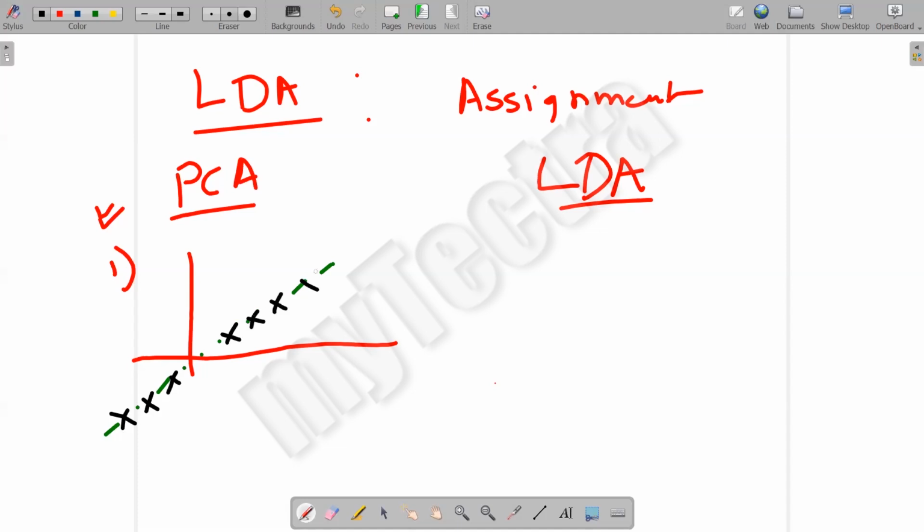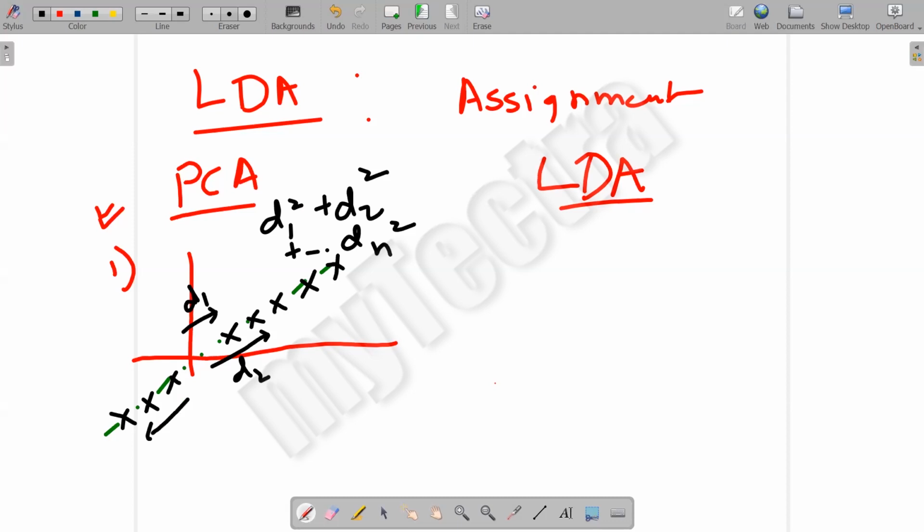If I have to give in a nutshell, we check that this was maximum. What was maximum? D1 square plus D2 square plus till Dn square. So we took the distances, and which was max of this, that axis we used to choose. That was our principal component one, right?